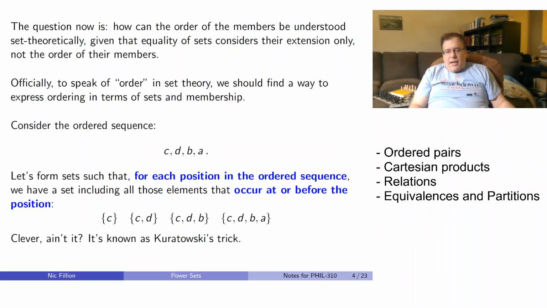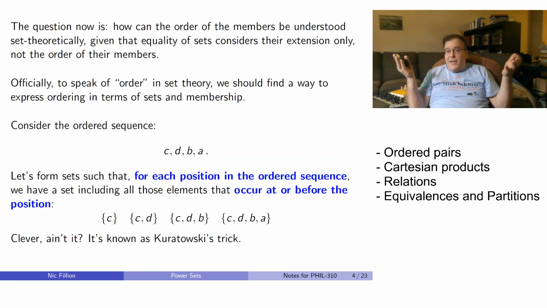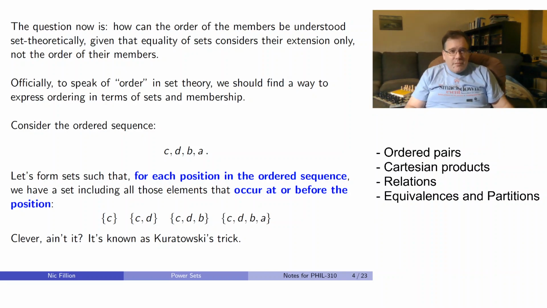At first, that might seem like it's going to be problematic because we have the axiom of extensionality that tells us a set is determined by its members, so that if you describe the set extensionally, it really doesn't matter in which order you're going to list the elements, right?